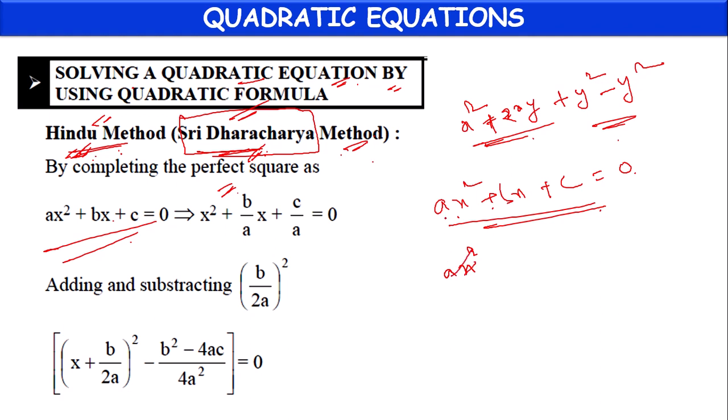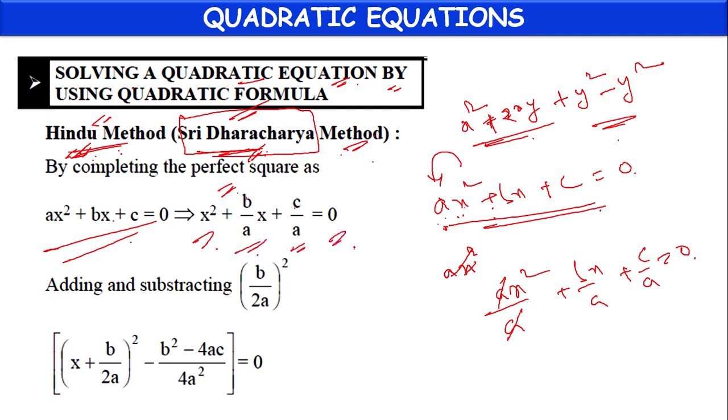First, we have to eliminate this coefficient a before x square, reducing it to only x square. So let's divide by a. What happens? ax square by a plus bx by a plus c by a equal to 0. So a gets cancelled, and this is simplified as x square plus b by a x plus c by a equal to 0.